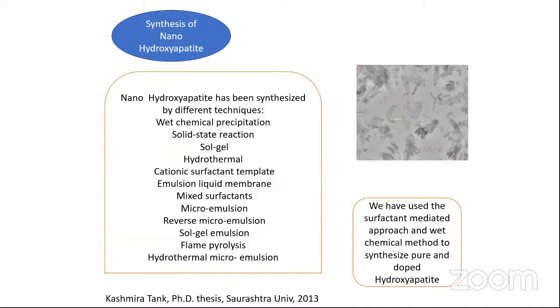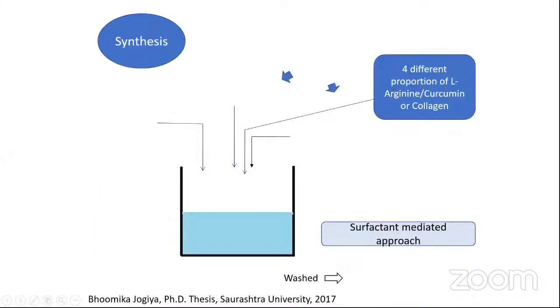And we have used in our laboratory a surfactant mediated approach and wet chemical method to synthesize pure and doped hydroxyapatite. This has been done by our student, Dr. Kashmira Tank, in 2013. Now, this is a simple method, a schematic diagram of how it is done.